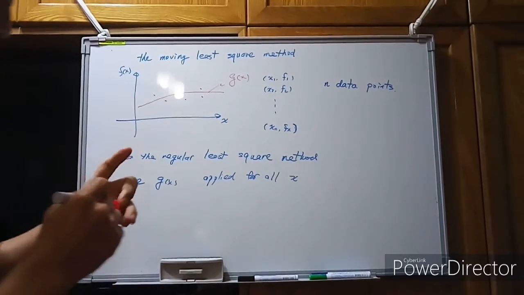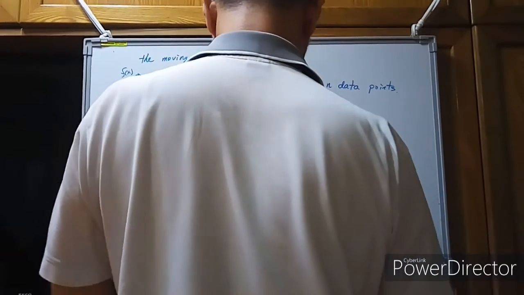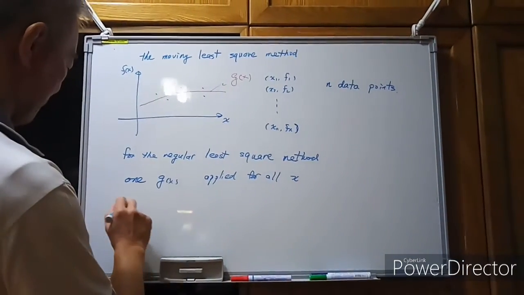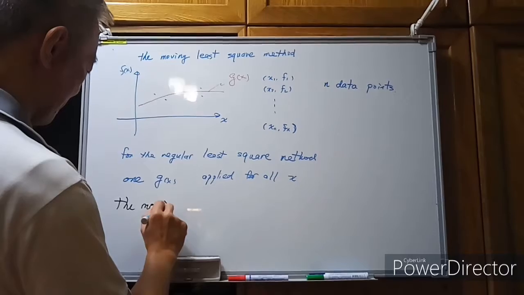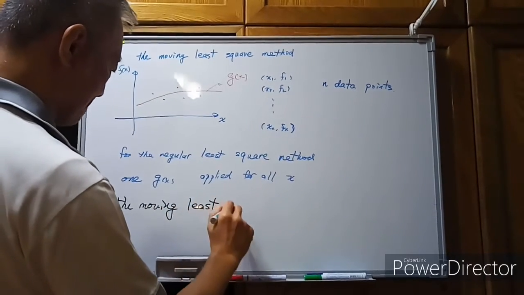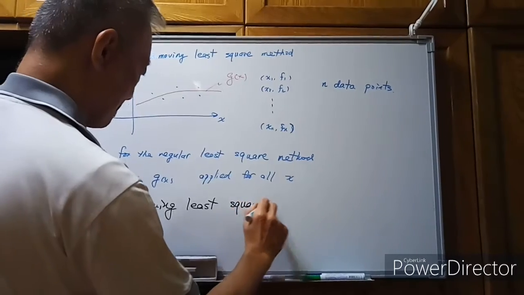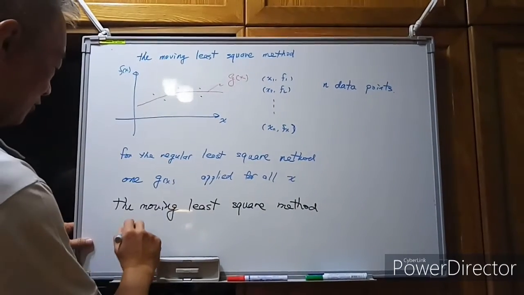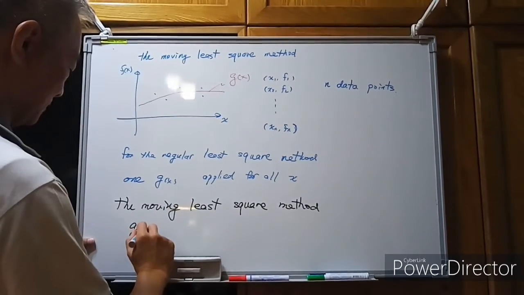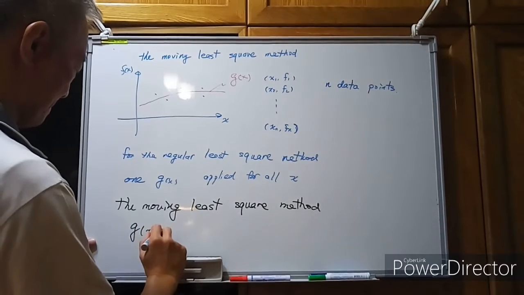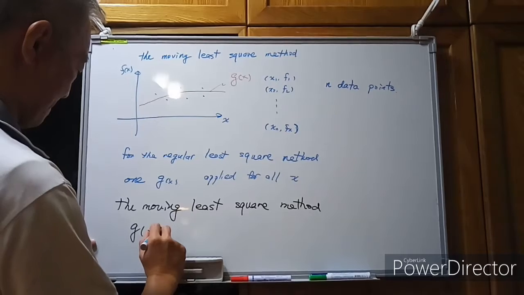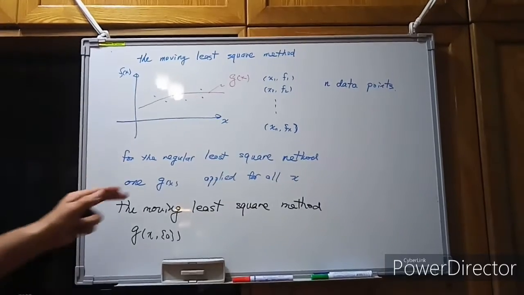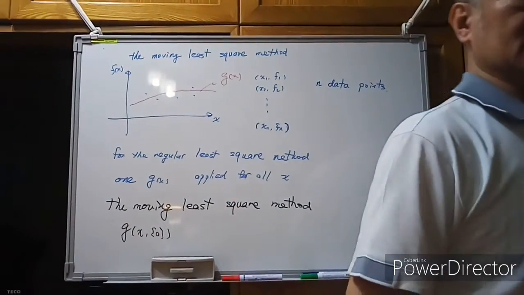For the moving least square method, the g of x will be different for different center points.